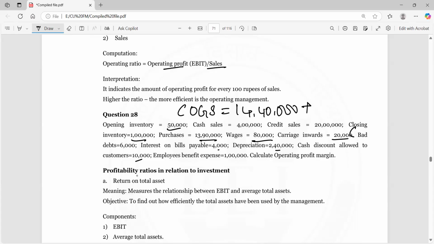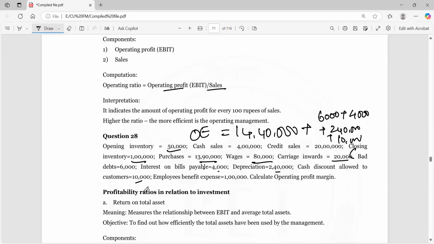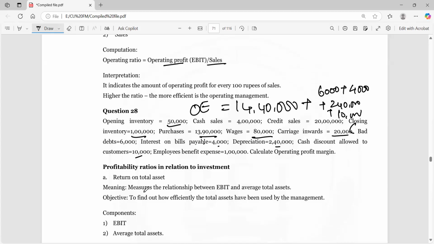COGS plus bad debt 6,000 plus interest payable 4,000 plus depreciation 240 plus cash discount allowed 10,000. What is the total? This is your operating expenses. 17 lakh. Did you all understand how 17 lakh?